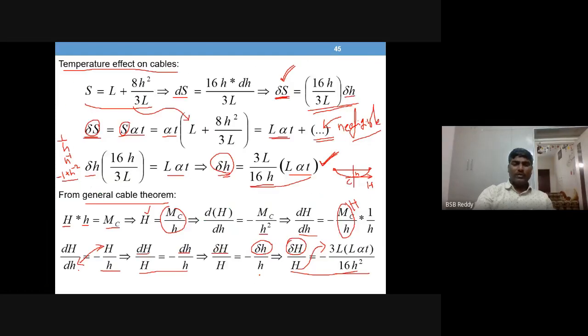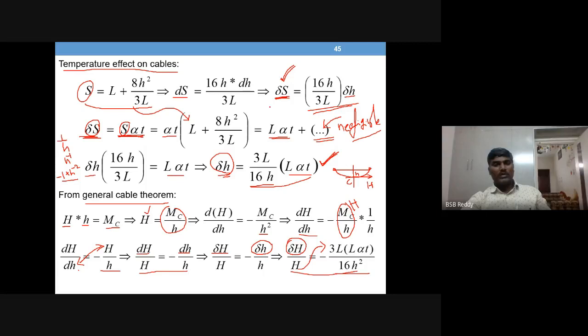So how do you do it? First, let us start with the cable length. Then go for partial differentiation. Then convert that into deformable quantities, deformations. Then take the strength of materials relation: for any member, if the temperature is changed, what will be the change in dimension?